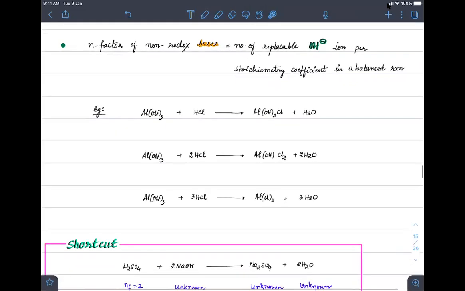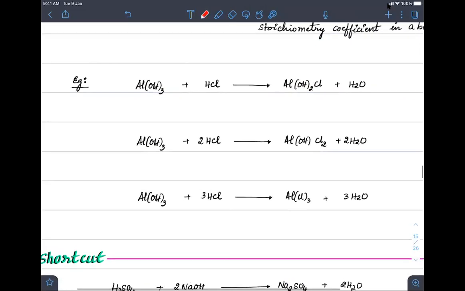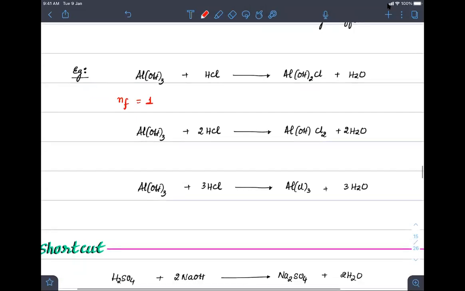In case of bases, beta, that was about acids. If you were to calculate the n factor for bases, you would only check how many OH minus we can replace. For instance, Al(OH)3, if you react it with HCl and it is losing one OH, then I can say the N factor for Al(OH)3 in this reaction is 1.